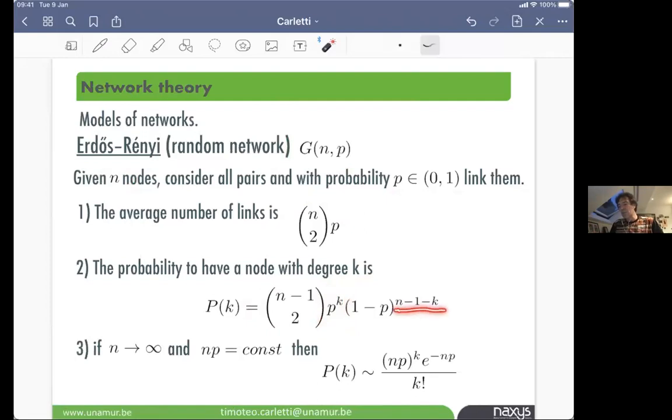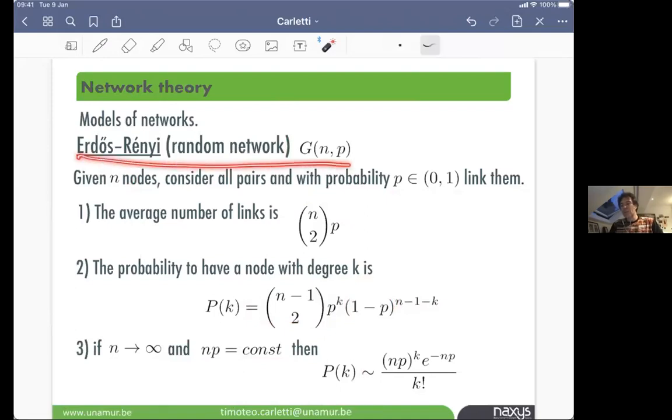And 1 minus p to the n minus 1 minus k is the probability that your node is not connected, so 1 minus p, with the remaining nodes. If you take n arbitrarily large, but in such a way that n times p is a constant, then you can show that this probability converges to the Poisson distribution, where you have n times p to the k, exponential, divided by k factorial.